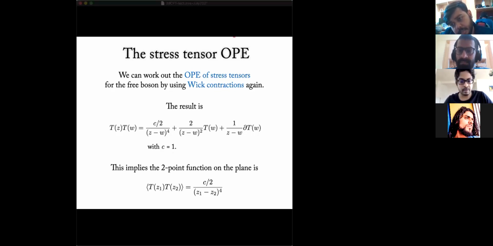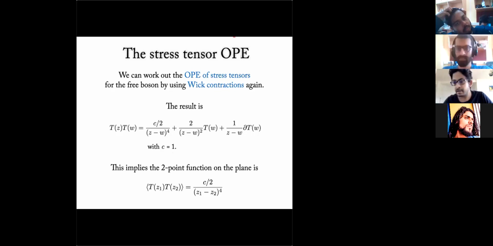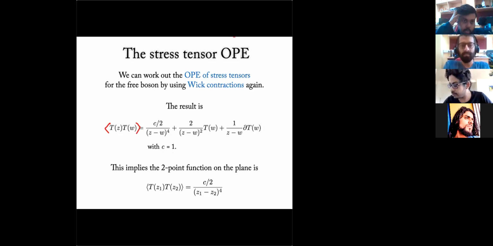And related to the question which Madhu asked earlier, the OPE is a slightly more general statement than correlation functions. You can take this OPE and take the expectation value in the vacuum state. So there's the central term over here, and expectation values over here and here.